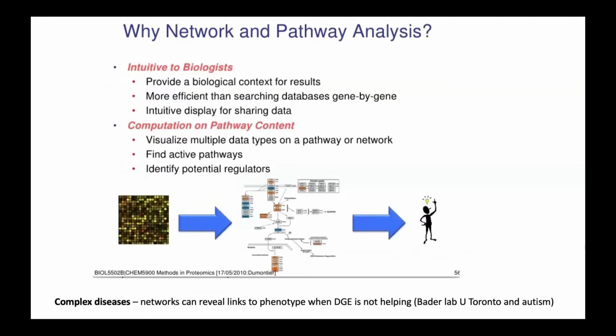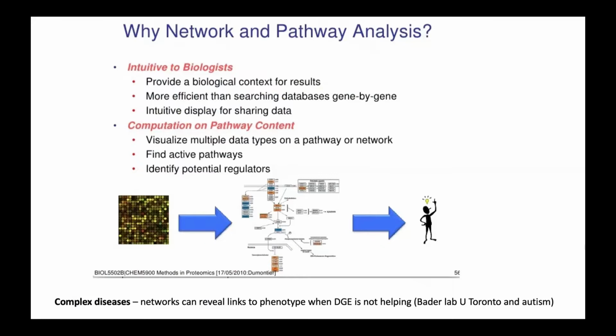A little more on why networks and pathway analysis are so popular. They are intuitive to biologists, and I speak as a biologist with some training in bioinformatics and computer science. Definitely this is a really important part of discovery for biologists when you're handling your data and your results.